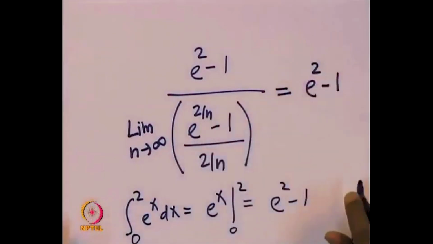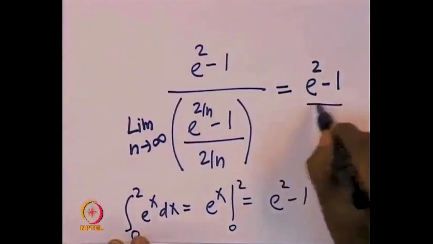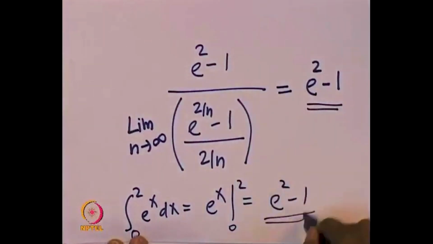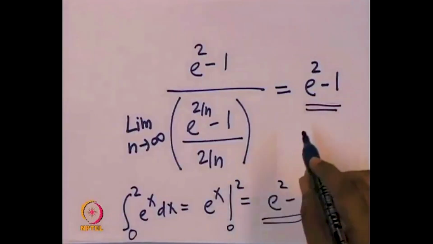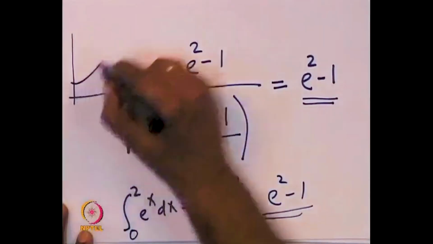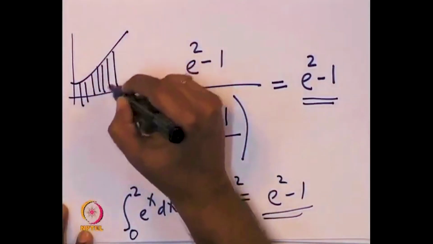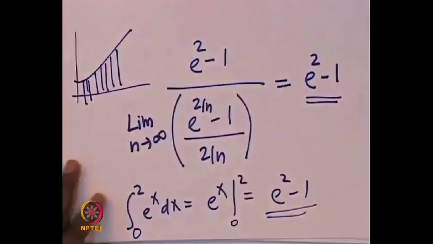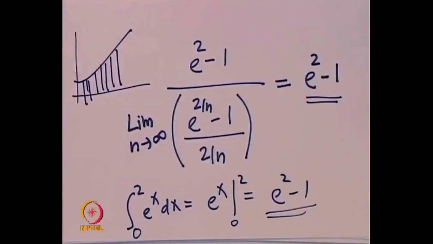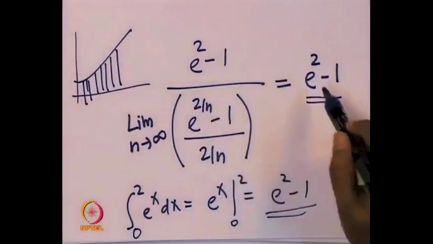So, by doing a sum, we got the same answer, e square minus 1, which is the area under the curve that we drew. We divided this area into many parts and found the area as a sum. We found that if you sum up to infinity, you get exactly the same answer.